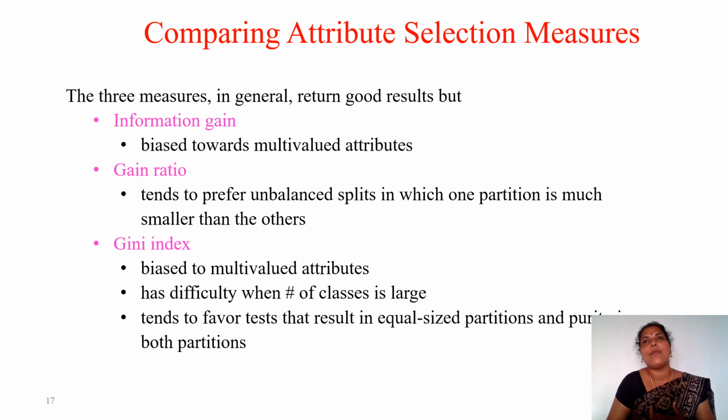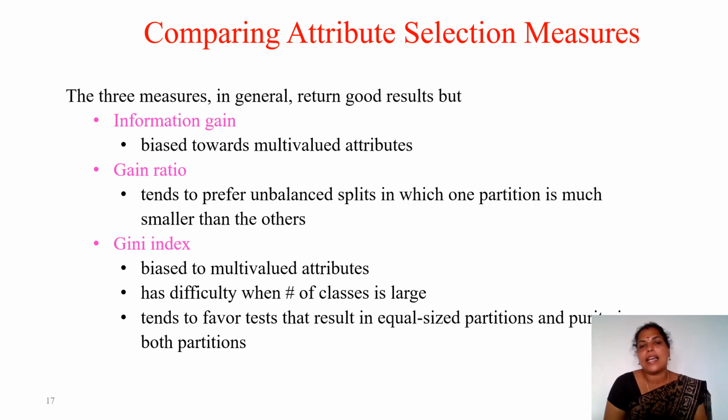All these models construct decision trees only. Each model gives good results, but there are some disadvantages in all of them. Information gain is biased towards multi-valued attributes, which is the disadvantage of the ID3 algorithm. Gain ratio tends to prefer unbalanced splits in which one partition is much smaller than the others.